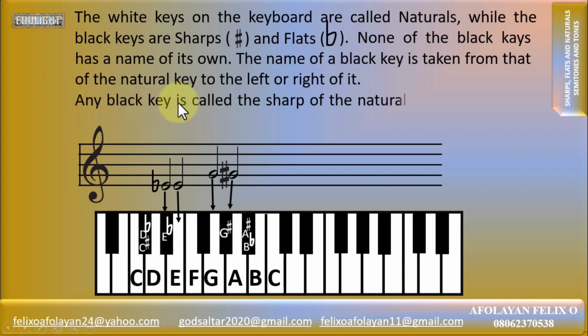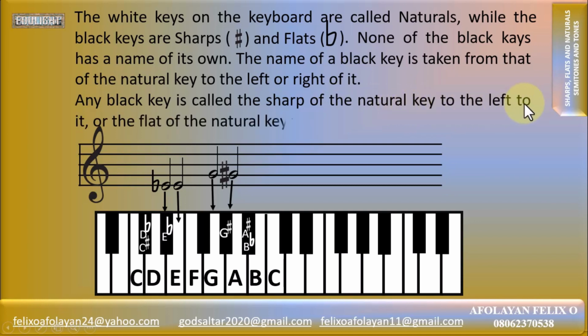Any black key is called the sharp of the natural to the left, or the flat of the natural key to the right of it. If you take a look at this illustration here, if you move to this place, we have C sharp.